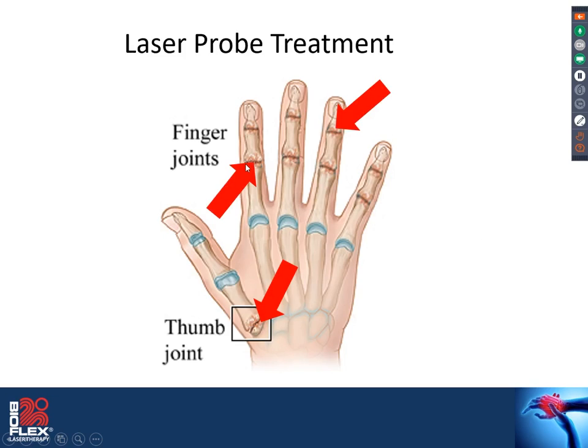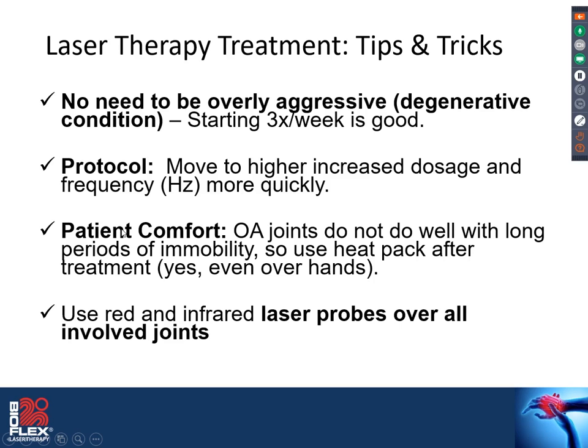You want to treat again around the complete circumference of the joint, holding it for maybe 2, 3, 4 seconds before you move it to the next point. Treat all the joints and then go back and treat them again. That's perfectly fine. I just don't want you holding it for too long on one point, because then you might overstimulate them and the results won't be there.